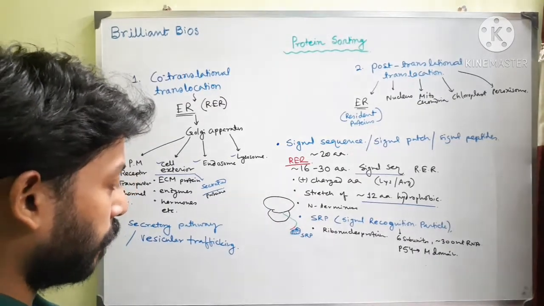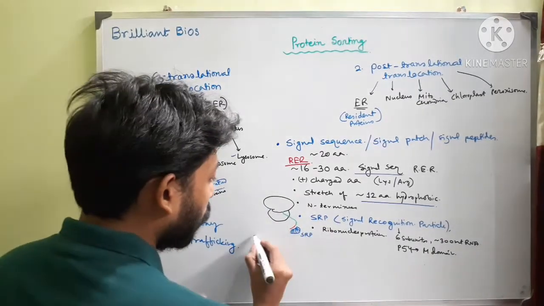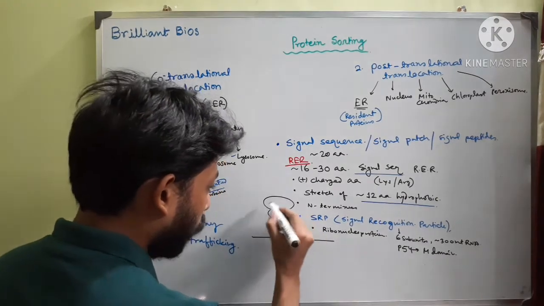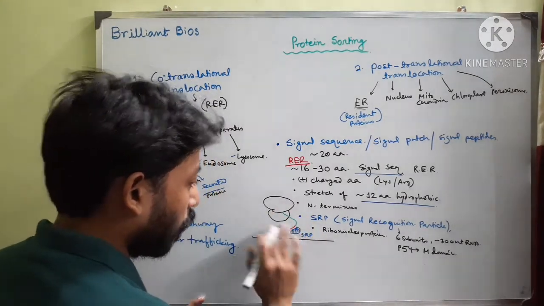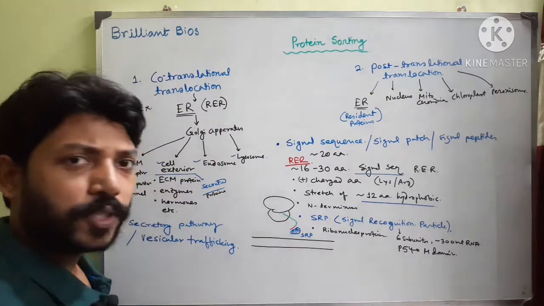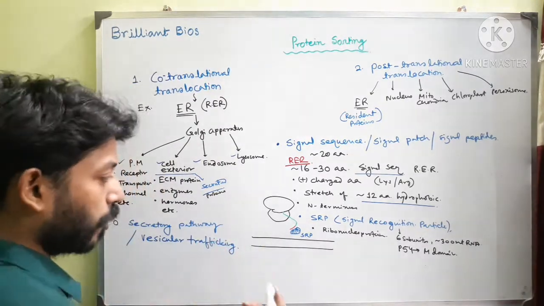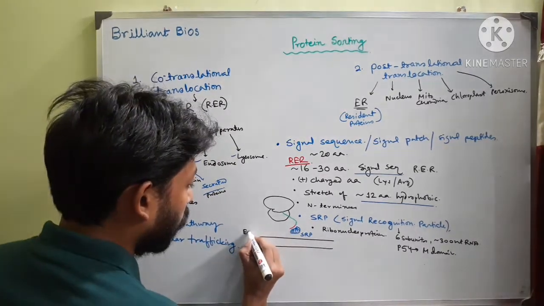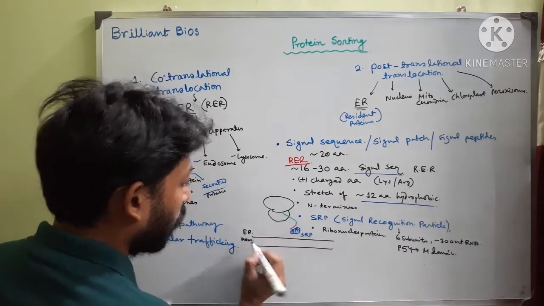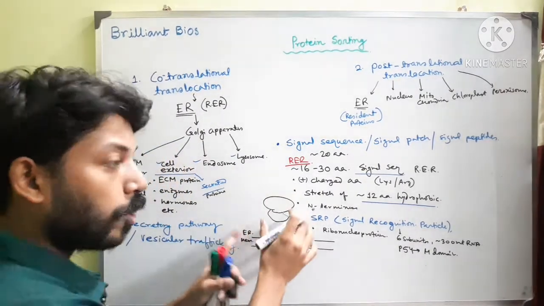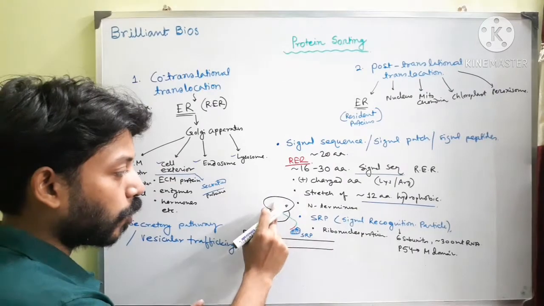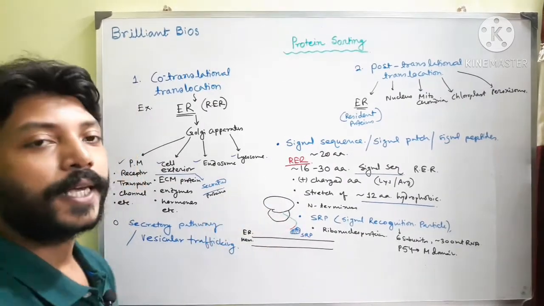You have to understand this. Now this SRP brings this whole ribosome along with the nascent protein it is producing to the endoplasmic reticulum membrane. It will tether this whole complex. So there are 3 things: ribosome, protein, and the SRP.